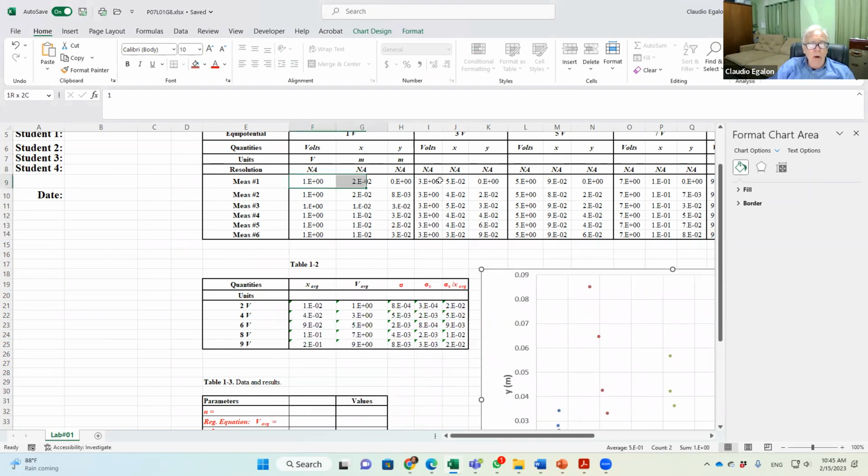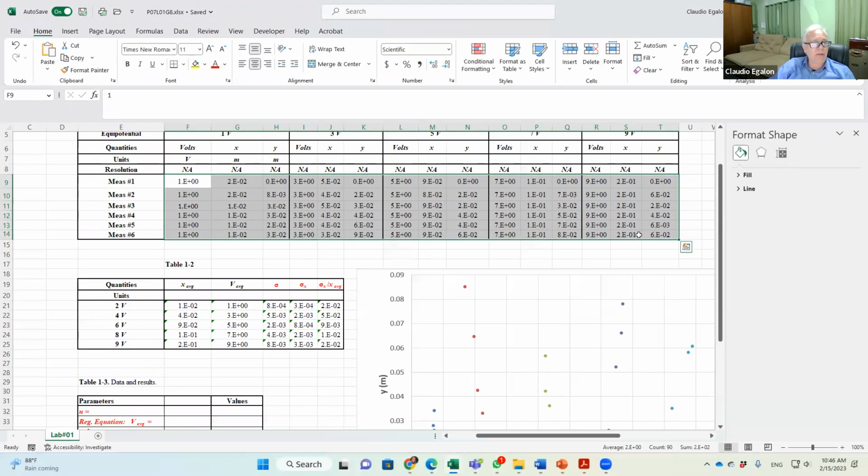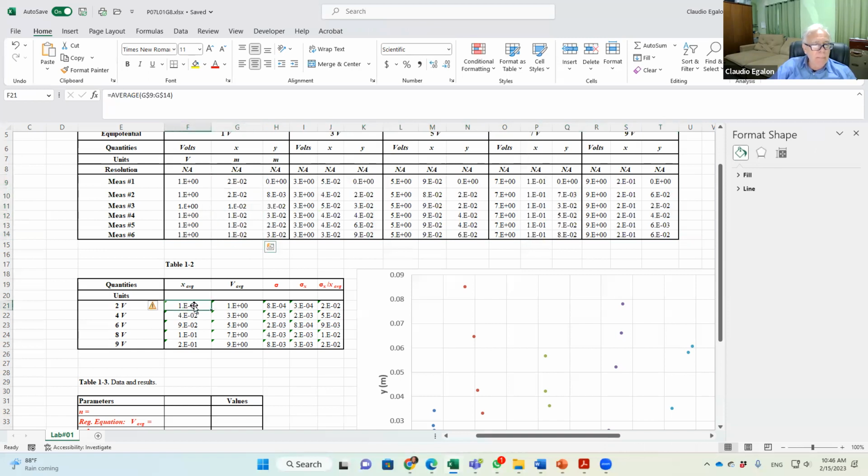And remember, all that you see here is raw data. They were all measured with our instruments. This one was measured with my multimeter, and those other two next to each other were measured with the ruler. Now what I'm going to do is get the average of the exposition that I measured, and plot right in here.